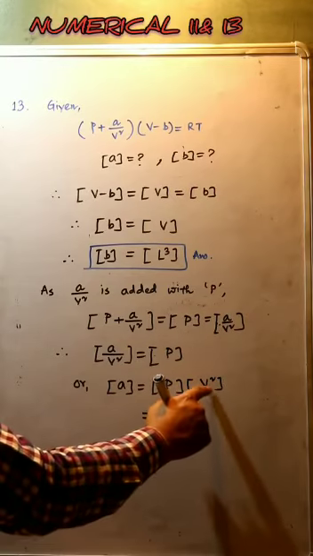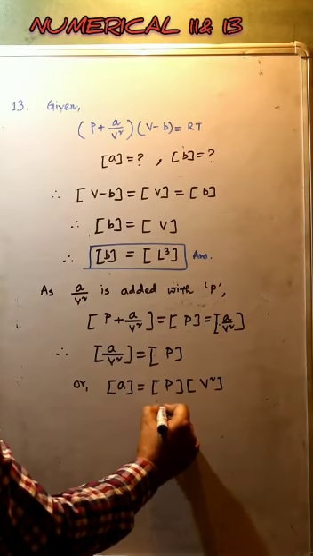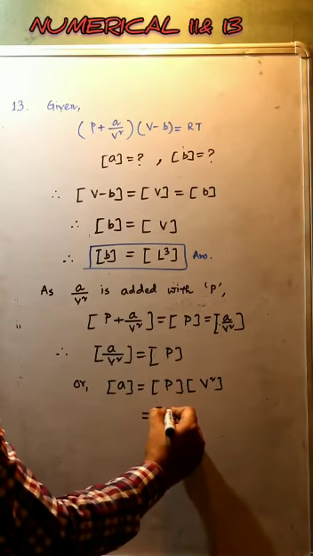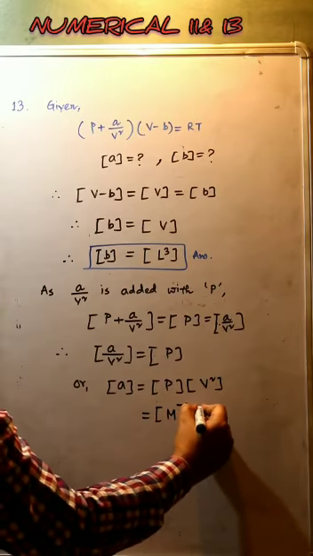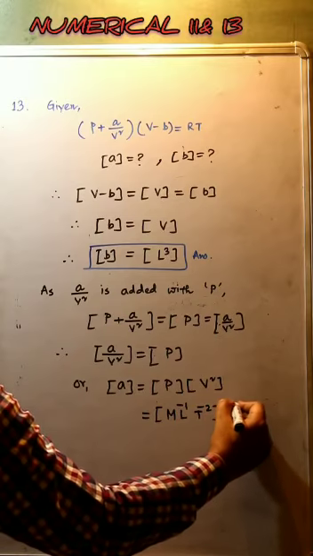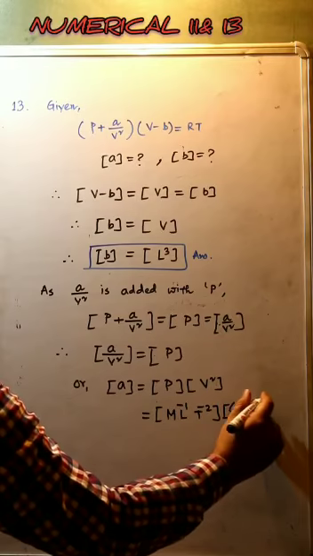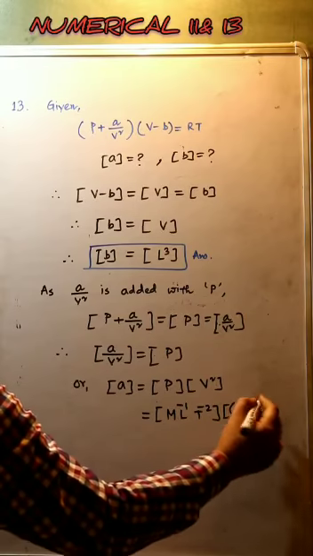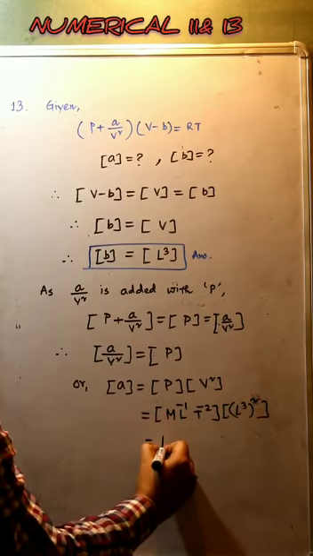Here again we cannot write this power outside the third bracket or dimension sign. Dimension of pressure is what? M L minus 1 T minus 2, force by area, and volume is L cube, squared. So this power 2 cannot be written outside the bracket.